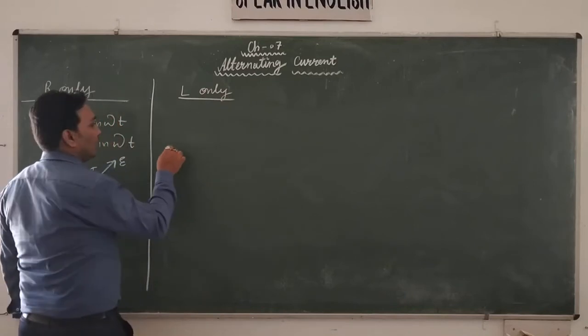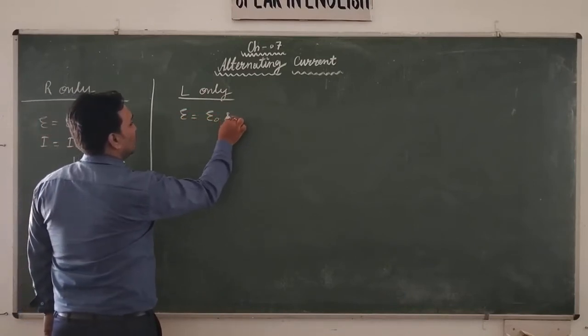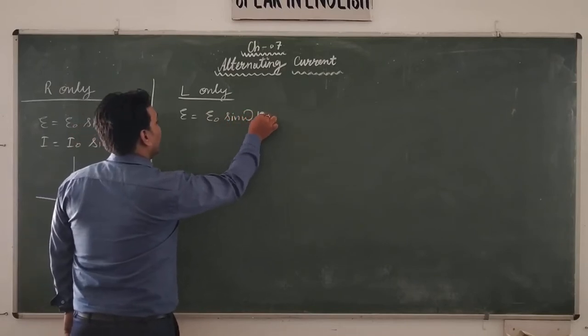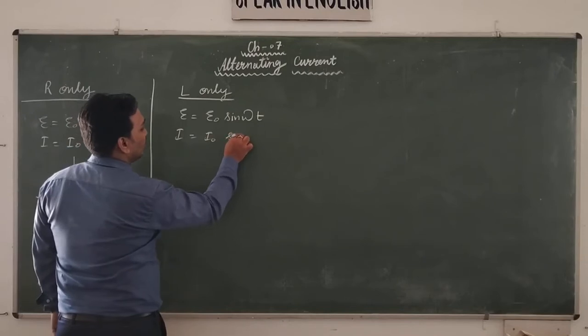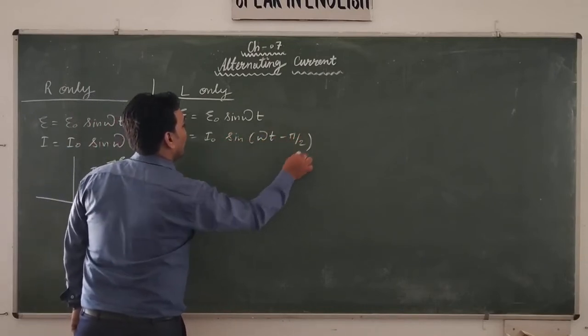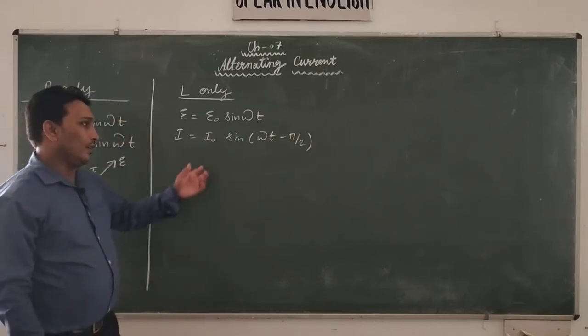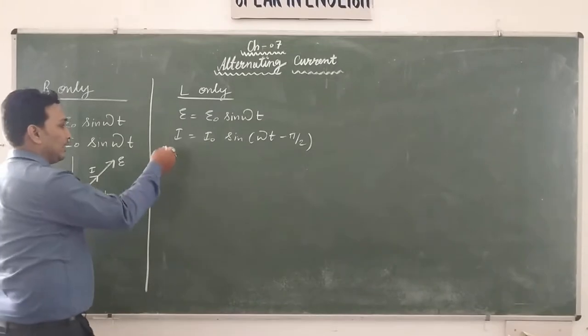Then in that case, EMF was E0 sin omega t. Current comes out to be I0 sin omega t minus pi by 2. Means current is lagging behind by angle pi by 2 with the voltage, that is the EMF.